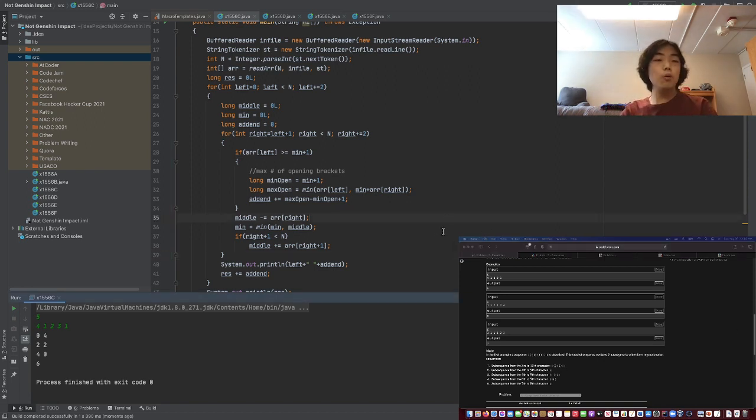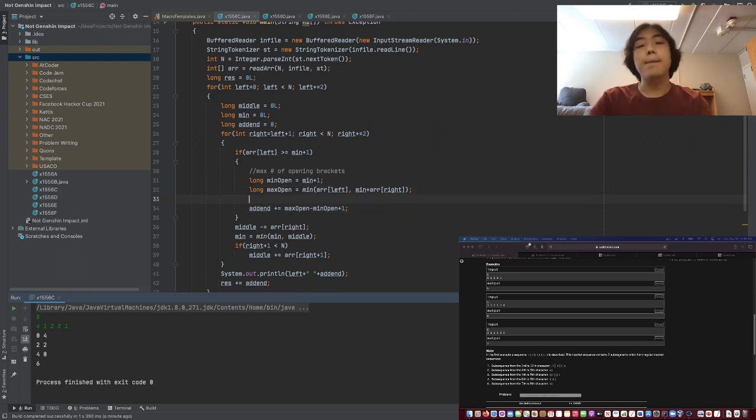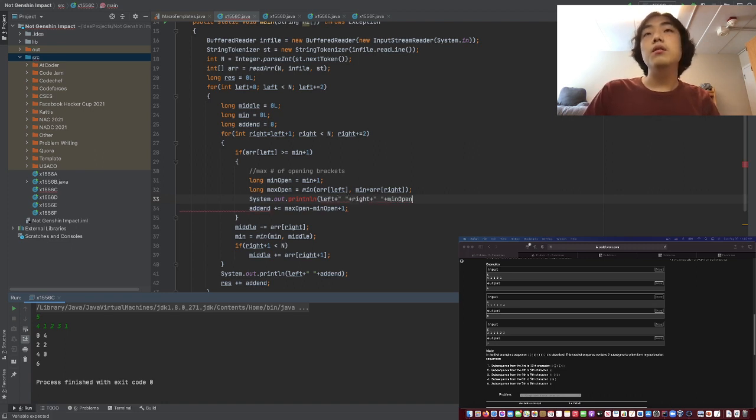So if we have like 4 and 1, that should be counted as 1, right? Let me try this. If we do left plus right plus min open, max open. Maybe this.